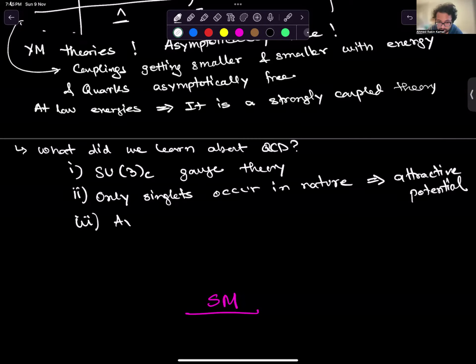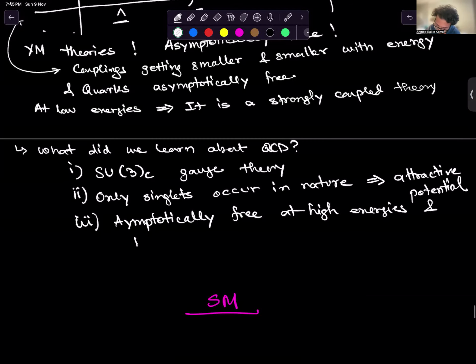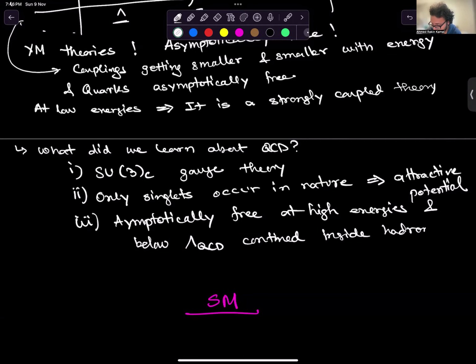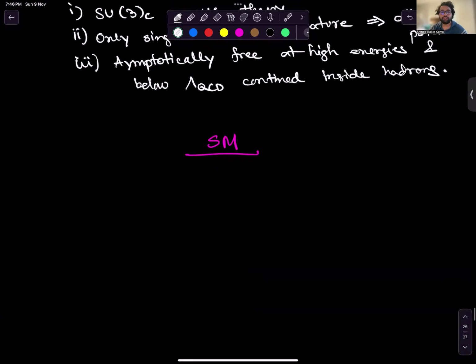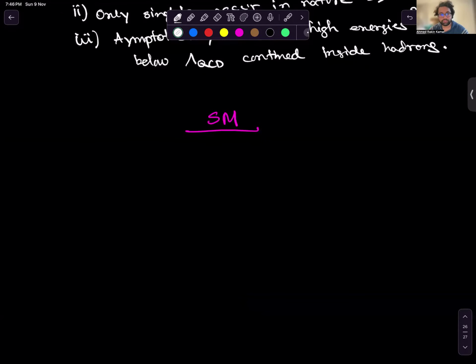N3, free at high energies. And below QCD scale, confined inside hadrons. So this is the story of strong interactions that I wanted to quickly convey.